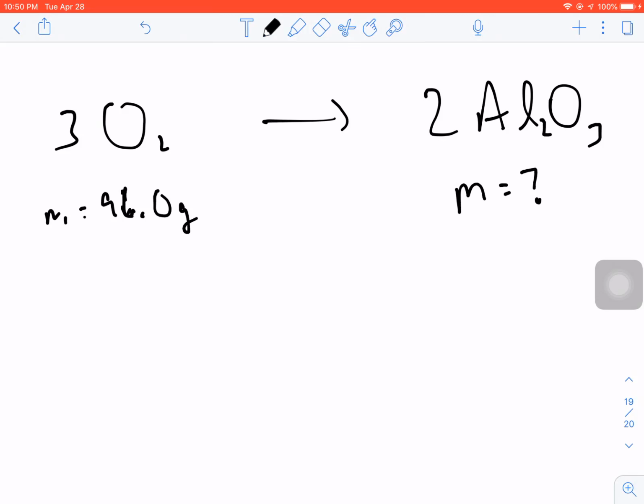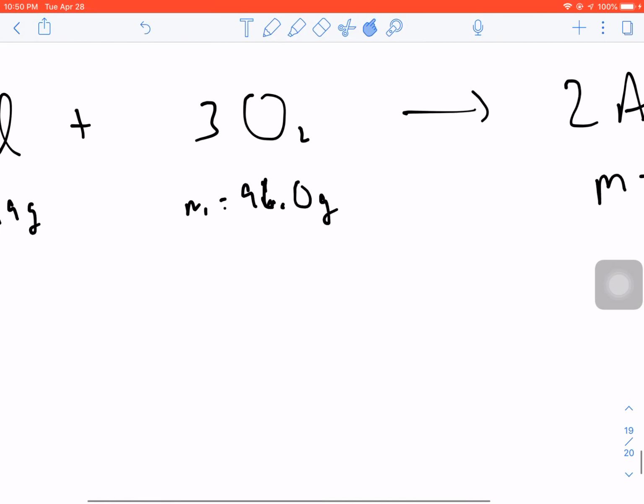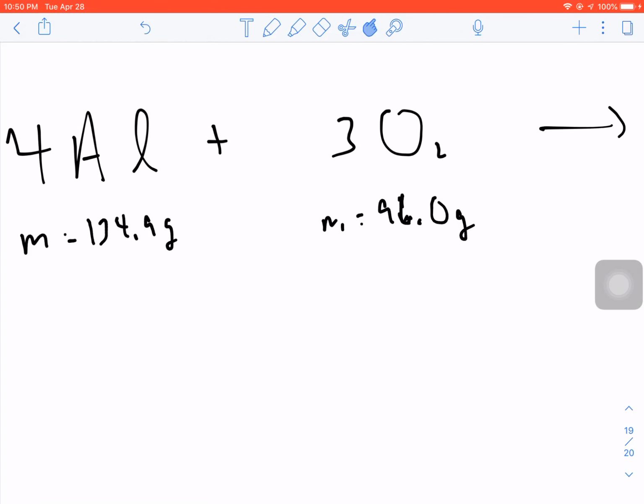Al2O3. Right? How much aluminum oxide am I going to make? So, to do this, I've got to first decide which of the 2 reactants that I've put into my system, the aluminum or the oxygen, which of these 2 is going to be excess and which one is limiting, which one's going to run out first.